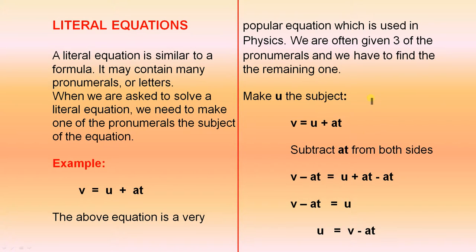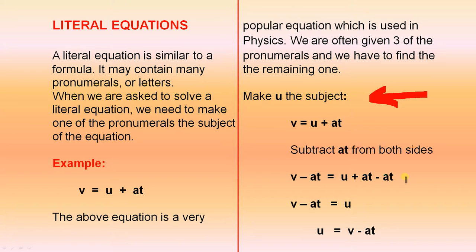Now here's an example. Let's make U the subject. So here is the formula again, V equals U plus AT. Now remember, we need to make U the subject, which means at the end we have to have U equals something. That's what it means when U is the subject. So let's start by subtracting AT from both sides.